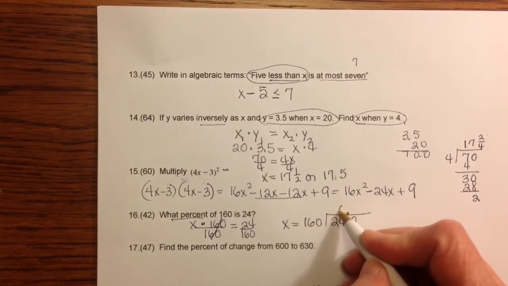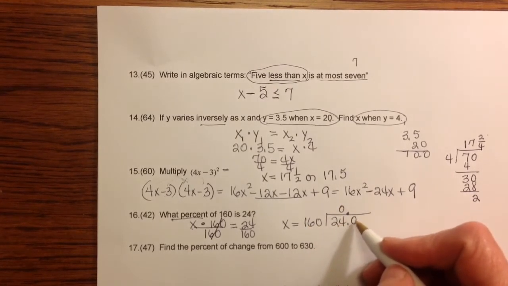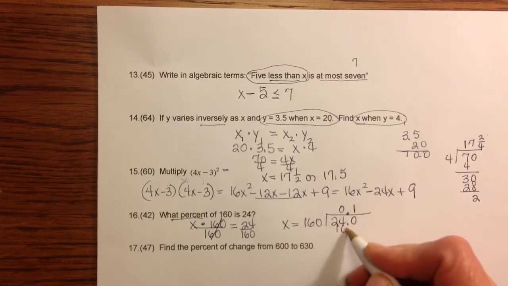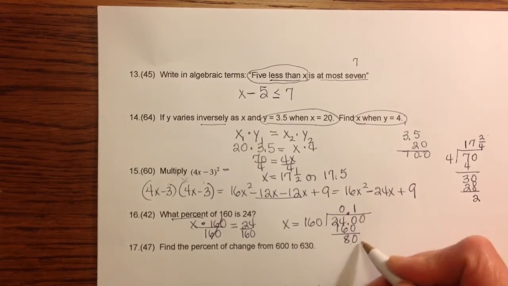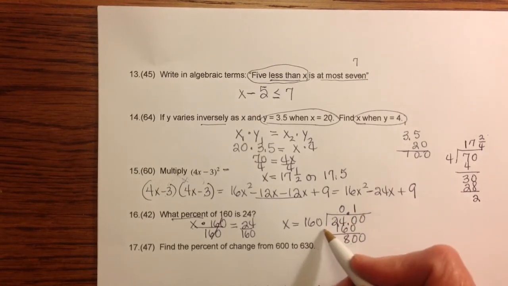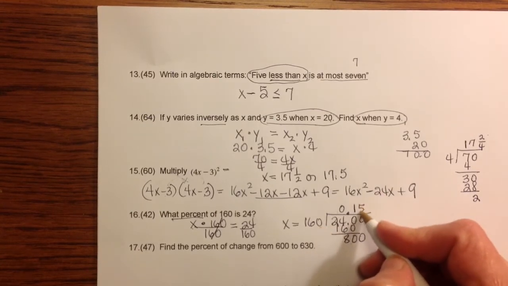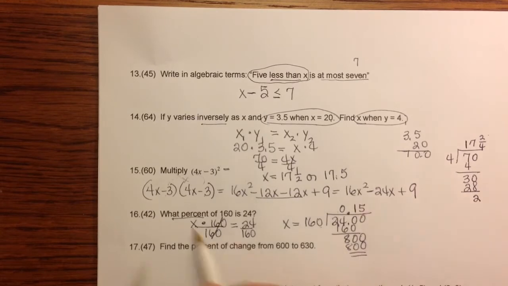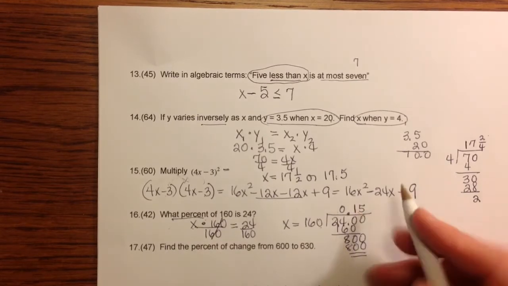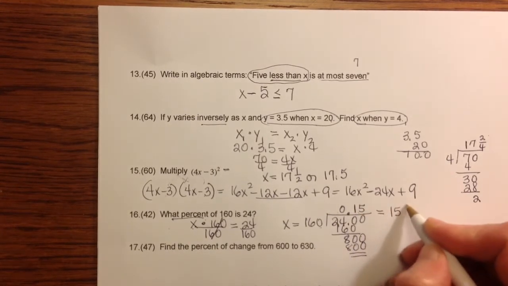Well, 160 doesn't go into 24, goes into 240 1 time. And you had to borrow there, so you got 80, and then add a 0, bring it down. And I believe when you multiply, you'll find that that's exactly 0.15. So it said what percent, so you don't want to leave it as a decimal, but 0.15 is 15%.